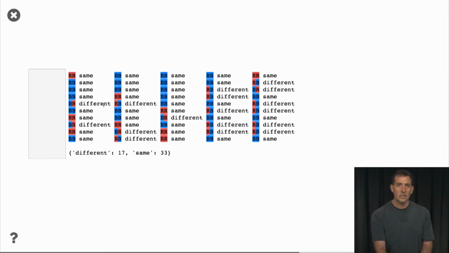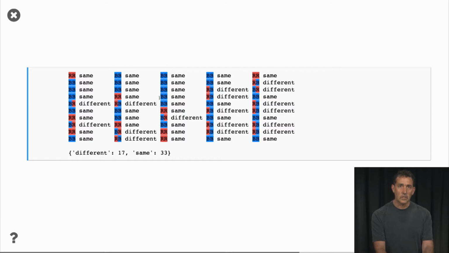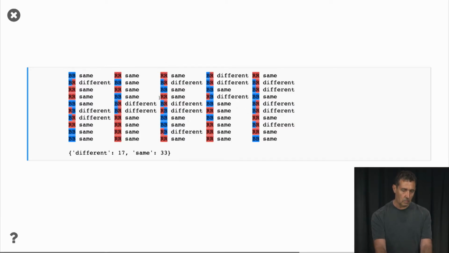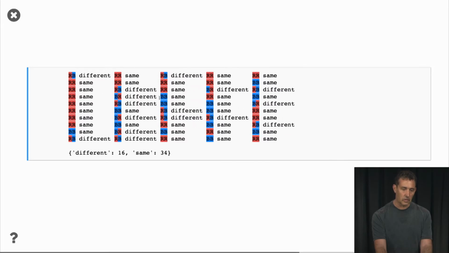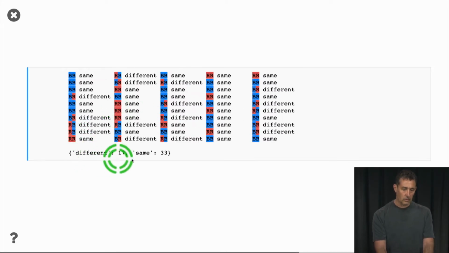So here is the outcome of our Monte Carlo simulation. You can actually rerun it. Each time I'm getting slightly different outcomes. But if you look at the numbers that come out down here, it shows that different is 17 times and same is 33 times. So clearly different happens much fewer times than same.